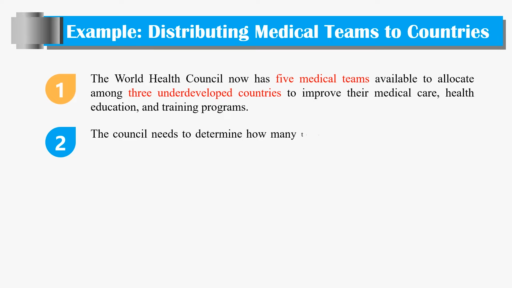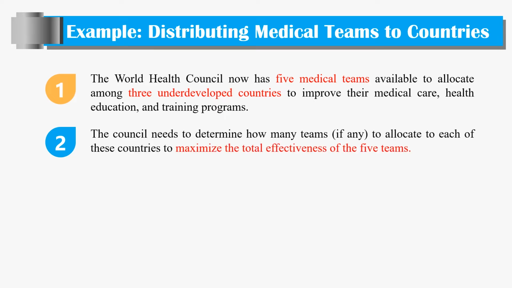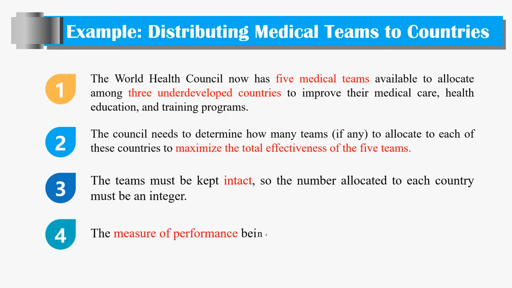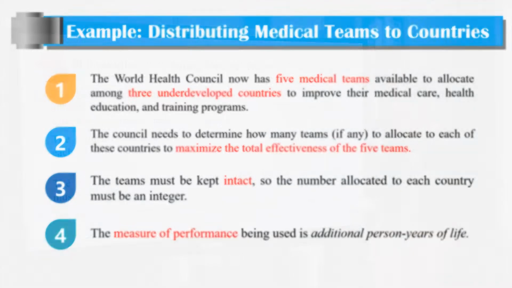The Council needs to determine how many teams to allocate to each of these countries, if any, to maximize the total effectiveness of the 5 teams. The teams must be kept intact, so the number allocated to each country must be an integer.